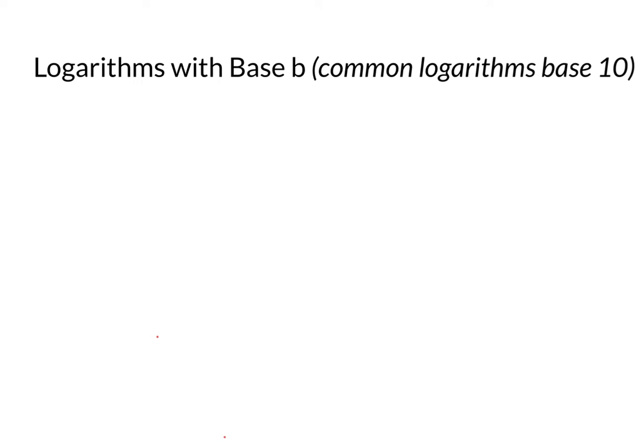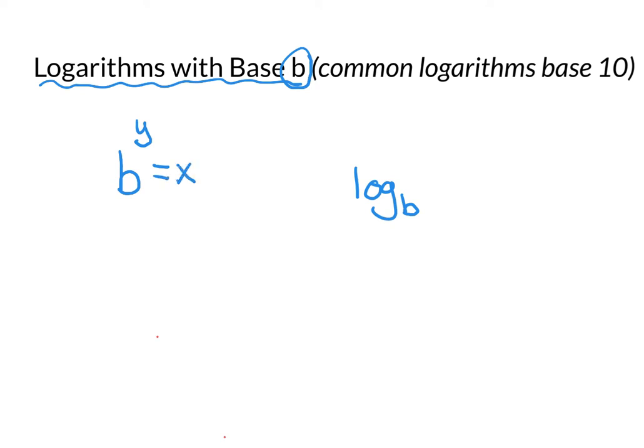All right, so we're looking in general terms at logarithms with base b. First think about an exponent with base b, and then we're comparing that to a logarithm with base b. So where we put our bases. b to the power of y equals x. That's the inverse of the exponential function where we switch x and y.